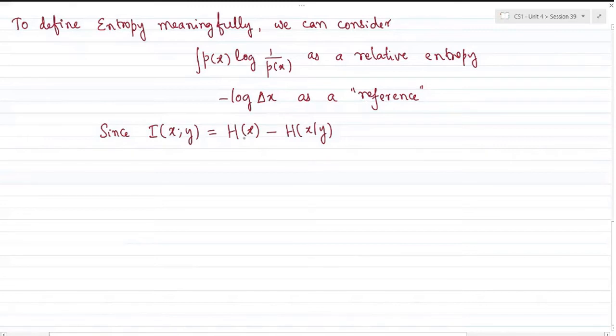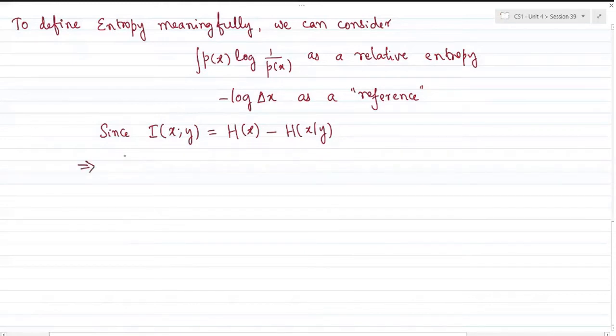Correct? So H of X will also have a reference of minus log delta x. Even H of X given Y will also have the same reference of minus log delta x, and the difference of those two quantities will cancel out the reference, and ultimately we'll have a mutual information as we defined for a discrete random process.